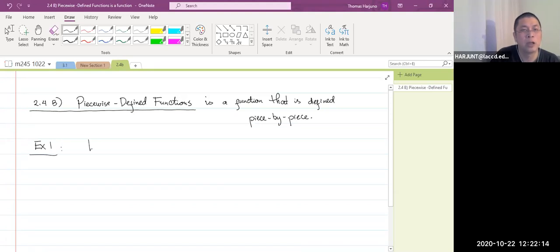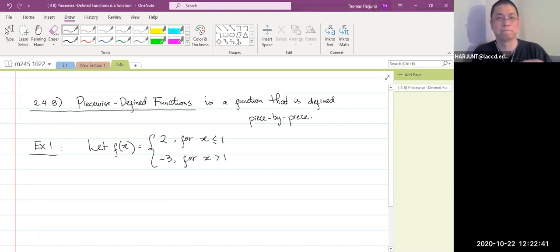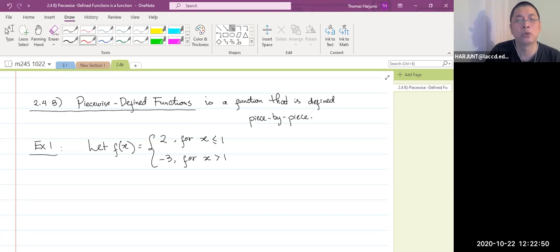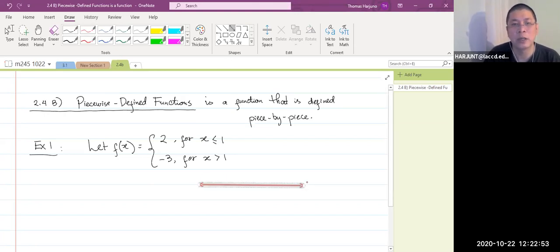Okay, I give you a simple example first, just as an introduction. Example 1, let f(x) equal 2 for x less than or equal to, let's say, 1, and then negative 3 for x greater than 1. Now, when we say piece by piece, notice that the domain is being made into 2 pieces.